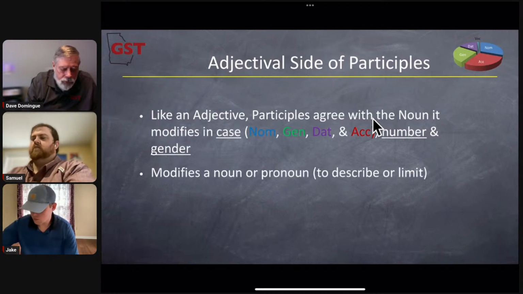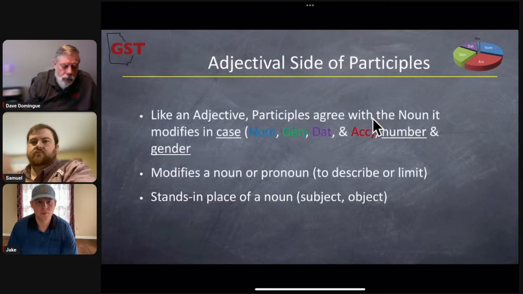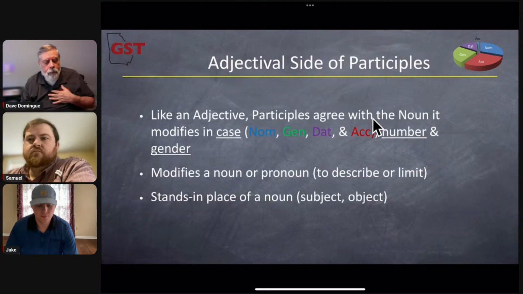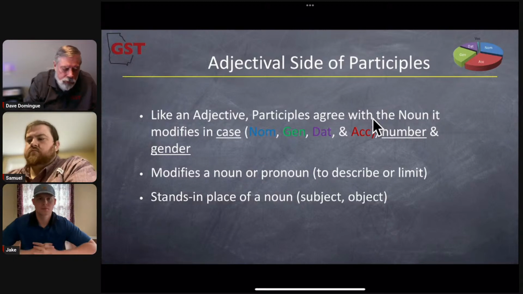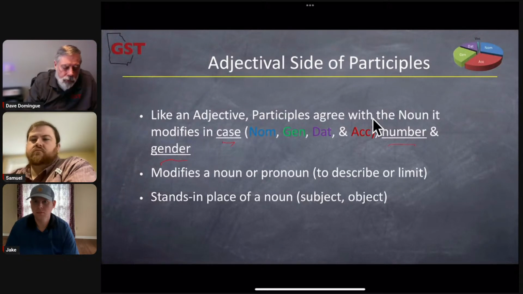This is the same thing relative to the adjectival side of the participle. The adjective, just like we mentioned, has a case, a number, and a gender, and the participle's adjectival function has the same thing, right? Nominative, genitive, dative, or accusative, and it will modify a noun or pronoun to describe or limit.